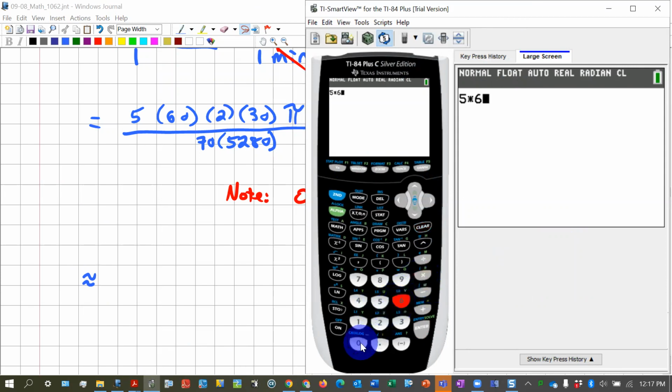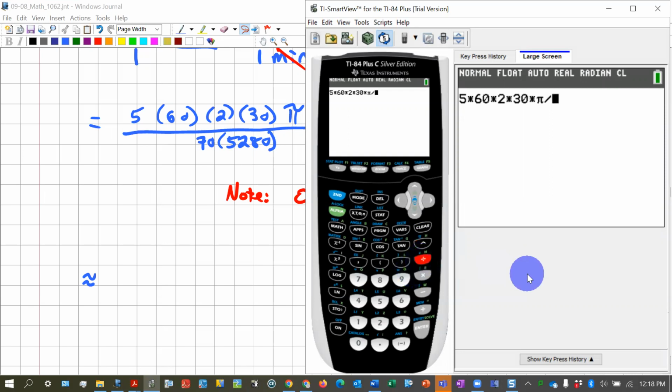In the numerator, the only operation is multiplication, not addition or subtraction. So we don't have to put the numerator in parentheses if we're in classic mode. We can if we want to.